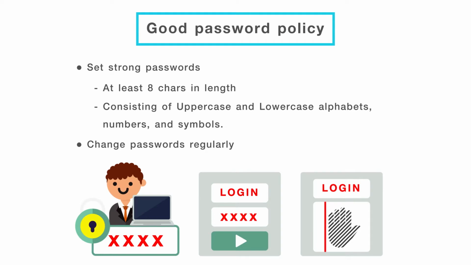A strong password is at least 8 characters in length, consisting of uppercase and lowercase alphabets, numbers, and symbols. If you believe your computer is infected, change your passwords. This includes any password for websites that may have been cached in your web browser.